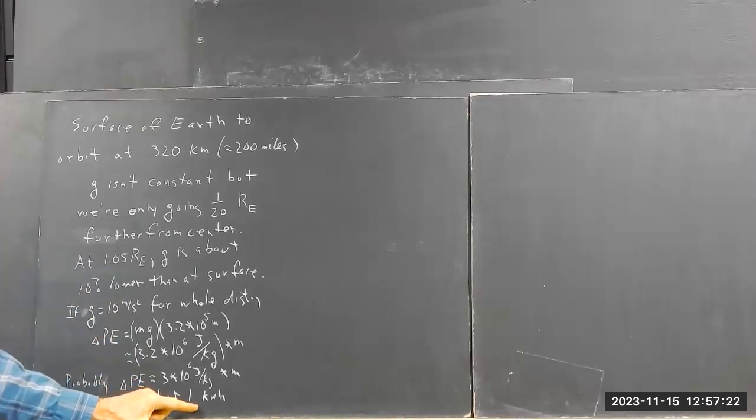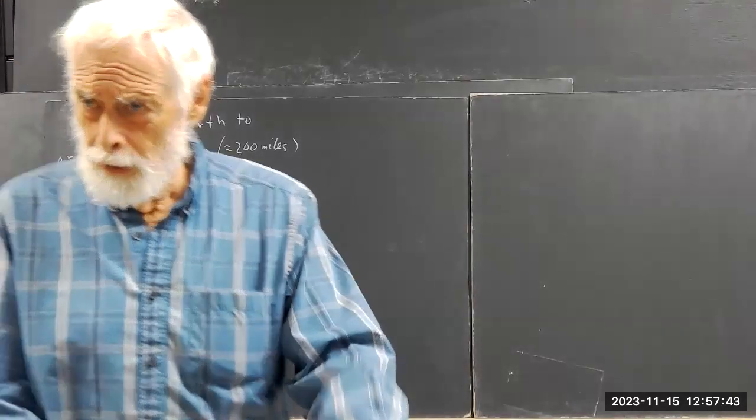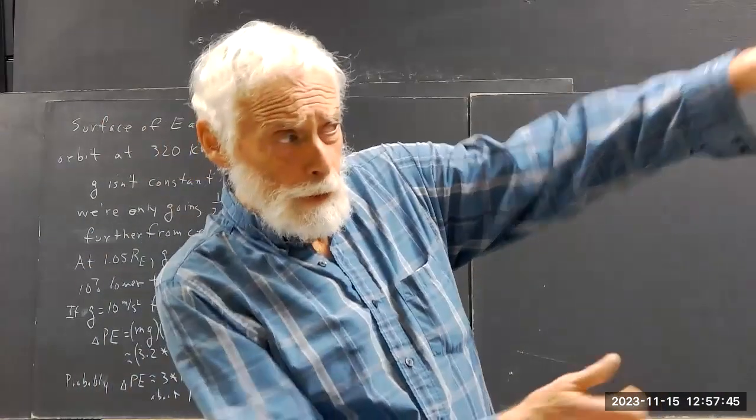Now, what kind of power do I have to produce in order to produce 1 kilowatt hour of energy? Well, it's like 3 million joules. I've got to do that in the time it takes to swing a golf club.